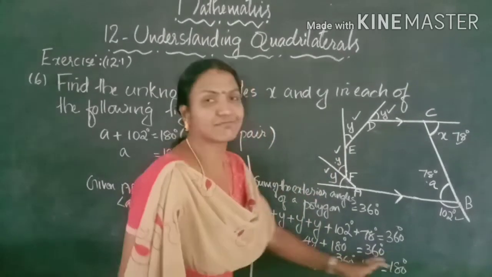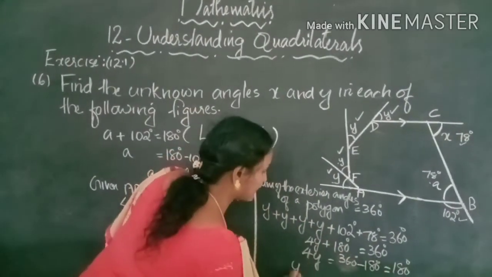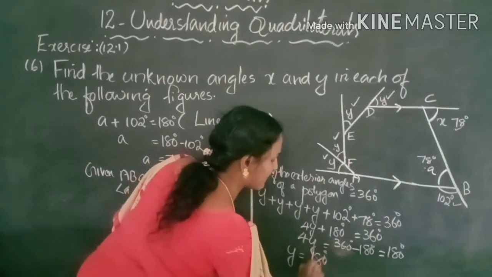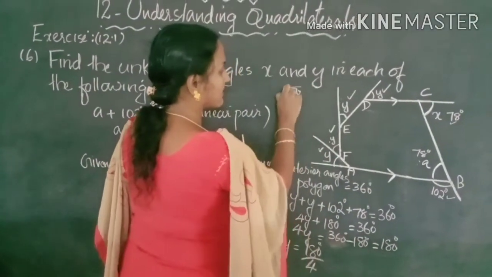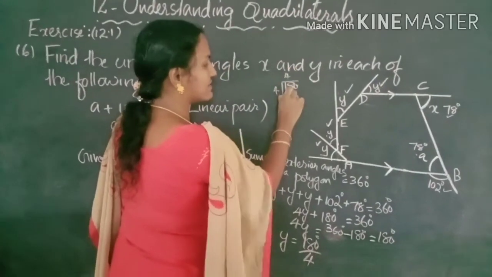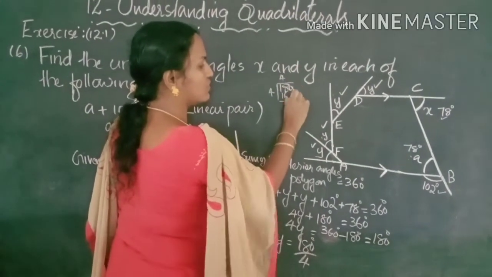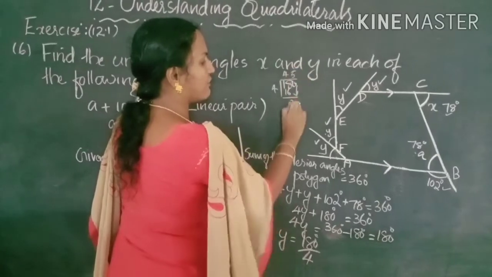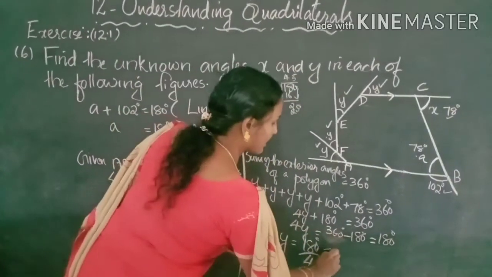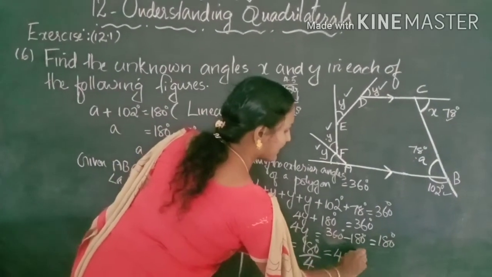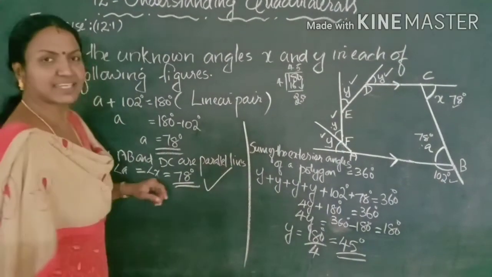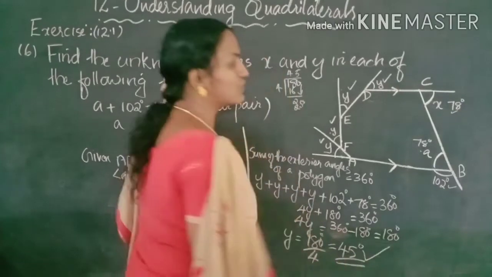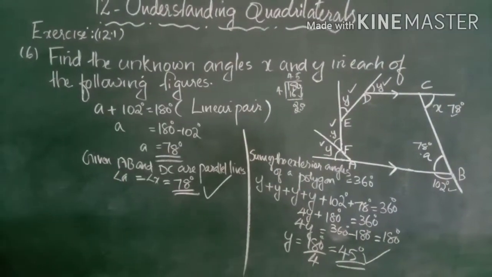So y is equal to 180 divided by 4. 4 4s are 16, balance 2, here 0, 5 4s are 20. So y is equal to 45 degrees. So x is equal to 78 and y is equal to 45.